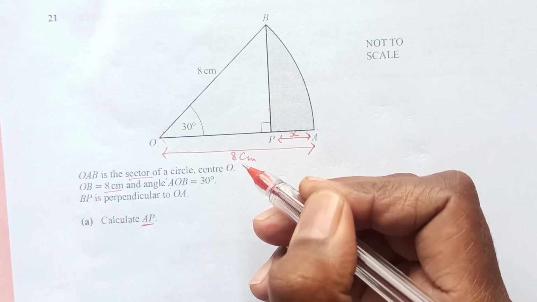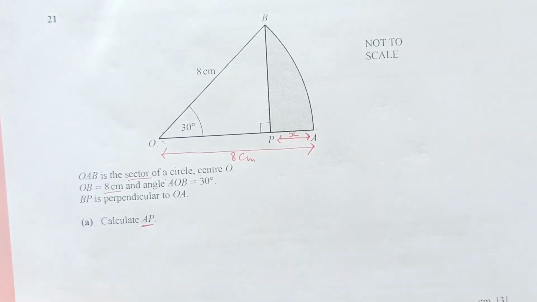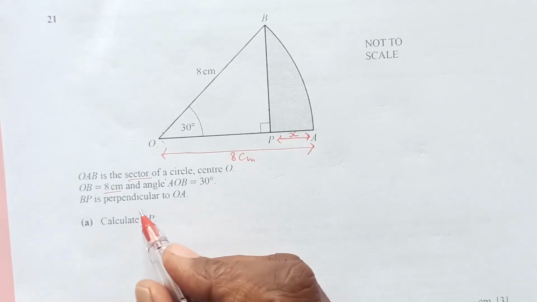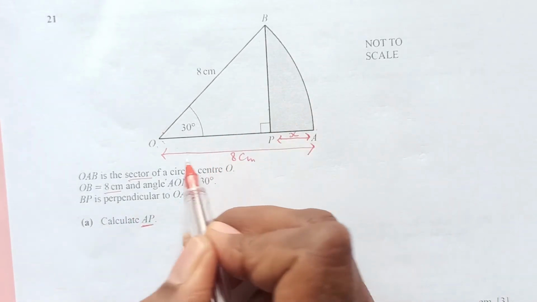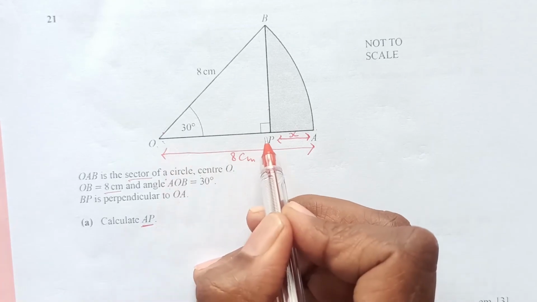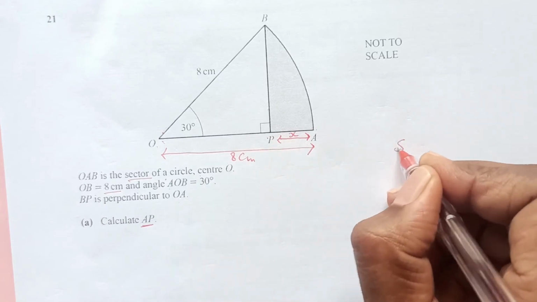Okay, so now we can use this triangle here. We can use trigonometry here.